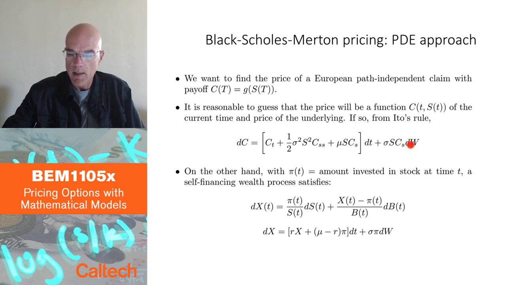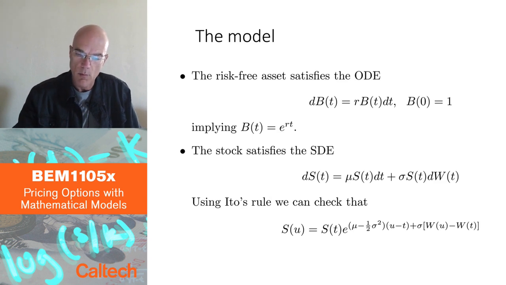But the reason for that is because if you look back, previously I had dX is mu dt plus sigma dW, but now my sigma is really sigma times s, and my mu is really mu times s. Okay? So instead of sigma squared, I will have sigma squared s squared. Instead of mu, I will have mu times s.